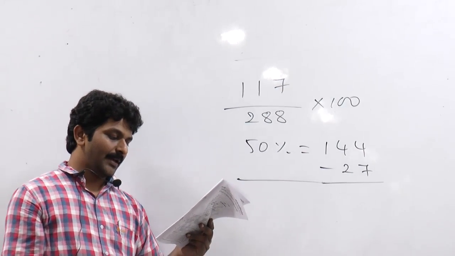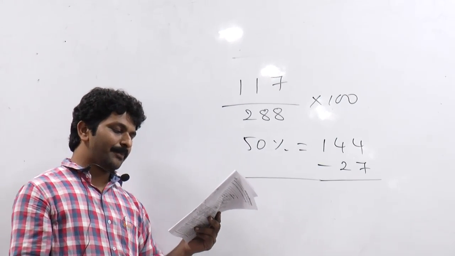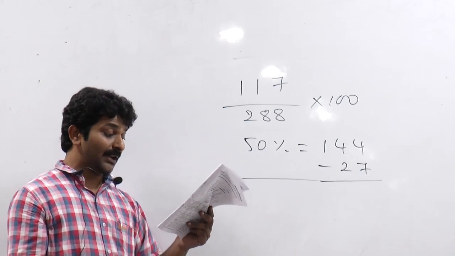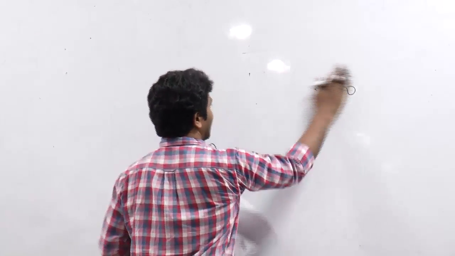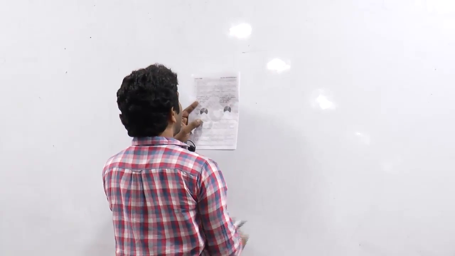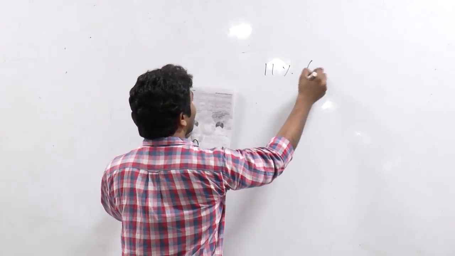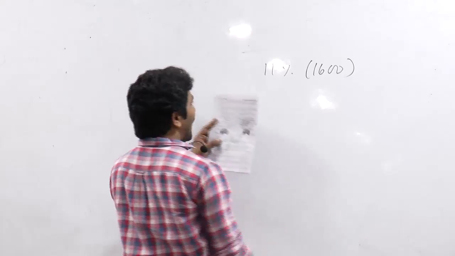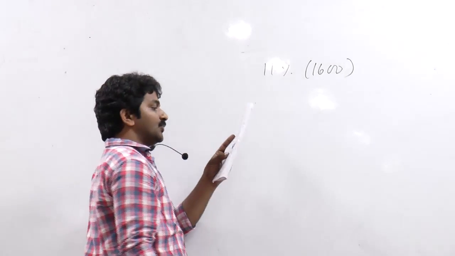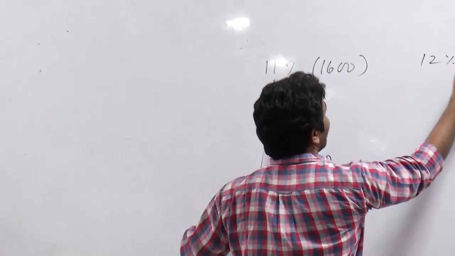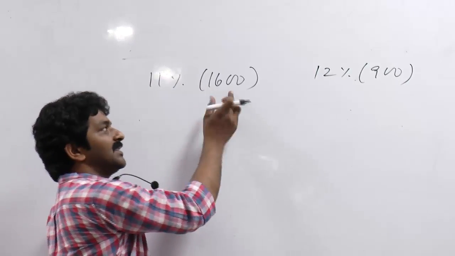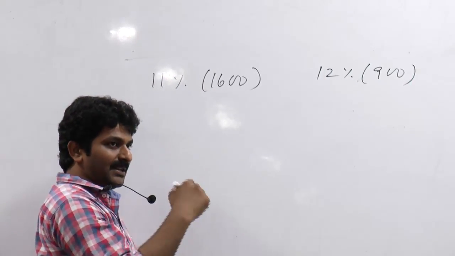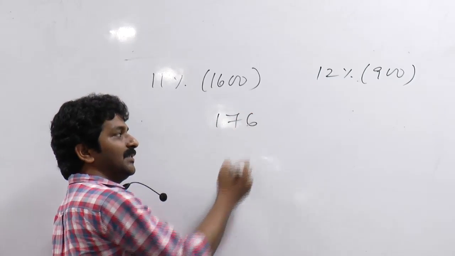45. By how much is the number of male employees working in the legal department more than the number of female employees working in that department? Fine. Legal department candidates, total candidates in the legal department 11% of 1600, and male employees are 12% of 900. 11% of this: 10% is 160, 1% is 16, total 176.